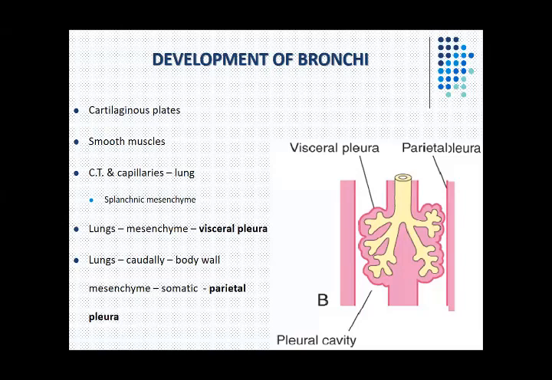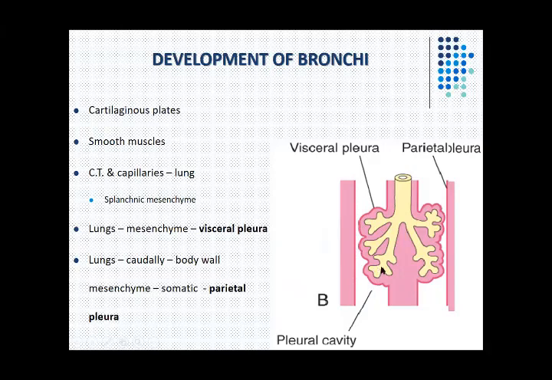So this is the pericardio-peritoneal canal. So this lung grows into the pericardio-peritoneal canal. It fills up the pericardio-peritoneal canal and then enters into the body wall. This body wall is lined by somatic mesoderm.